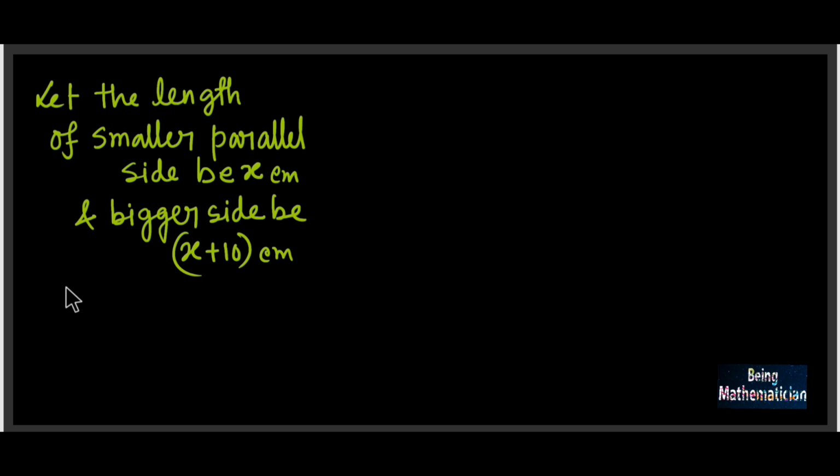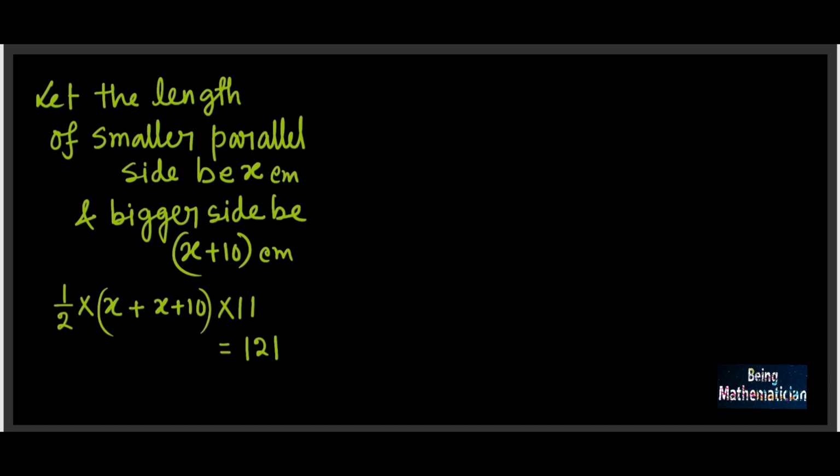So now by the problem we can say half into the sum of parallel sides, this is x plus x plus 10, into the height of the trapezium, which is given as 11, and it is equal to 121 centimeter square, which is given in the question.